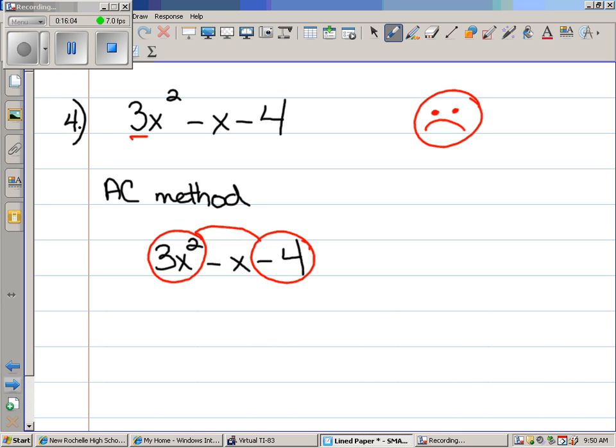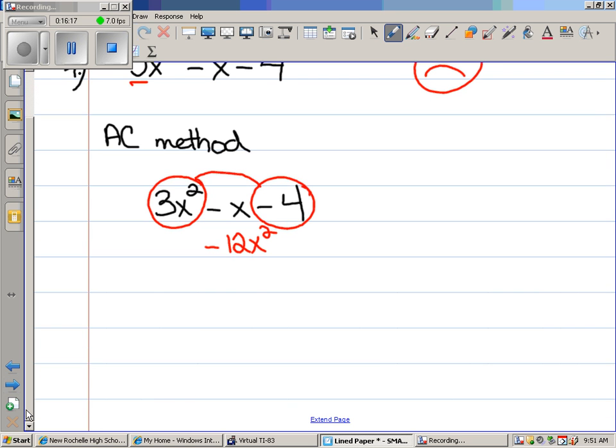What's 3x squared times negative 4? Negative 12x squared. Multiply them together, you get negative 12x squared. Now, give me 2 numbers that multiply to be negative 12x squared, but add to be this middle term.